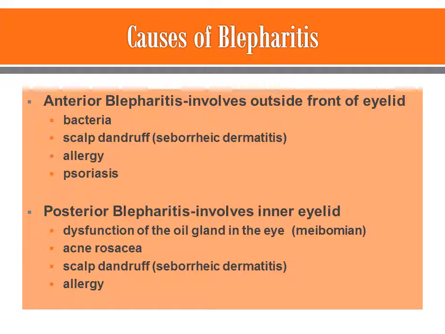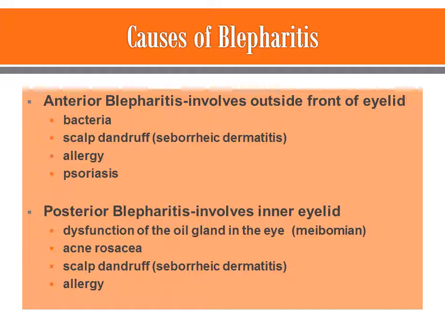So the eyelid margins can become inflamed and irritated and very itchy when these glands produce some abnormal secretions. So blepharitis is usually, as I said, more common with acne because of that oil on the glands of the face. With the posterior blepharitis, you might also see someone who has allergies get this.